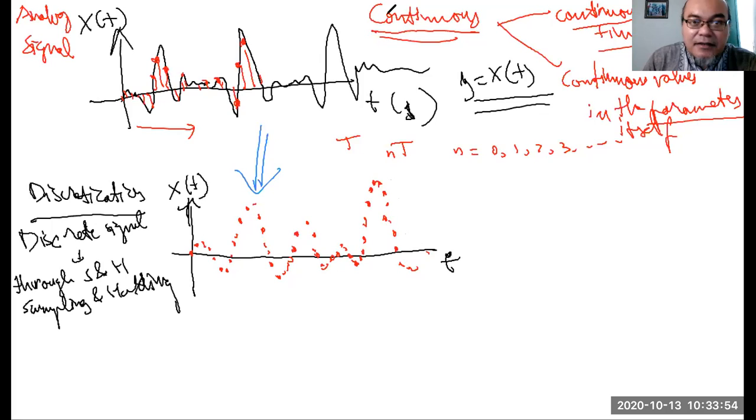So this is sampled, better using drawing. Every point here is sampled at that particular time.